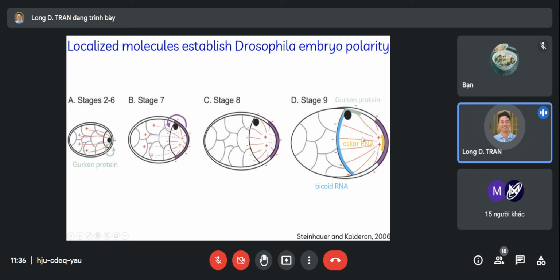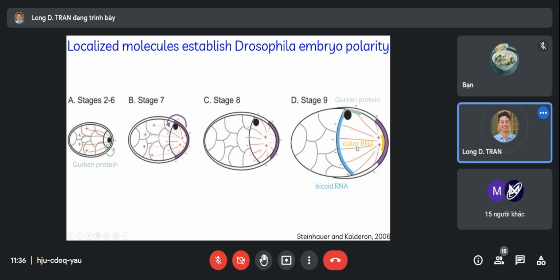And the changes in organization of microtubule in a later stage lead to accumulation of oskar RNA at the posterior end, which leads to the formation of the belly part, the abdomen of the larva, where bicoid will establish the head region of the larva, and this leads to the formation of the axis of a new body.